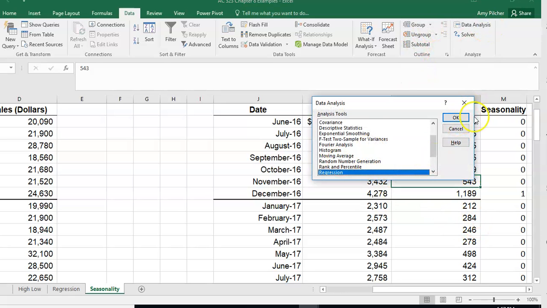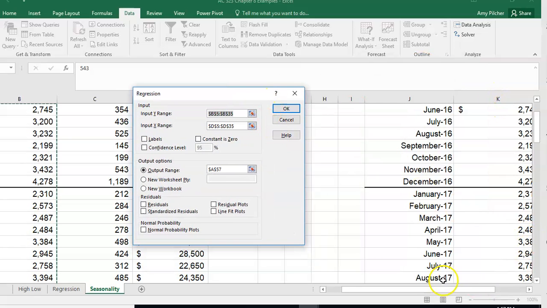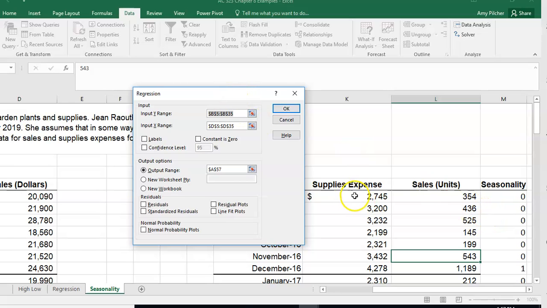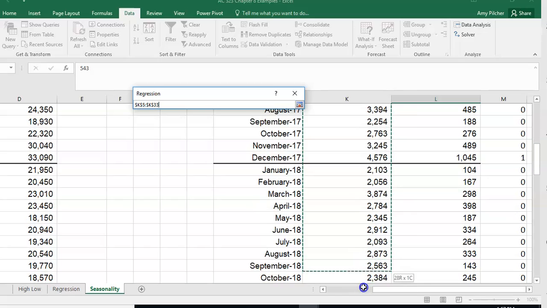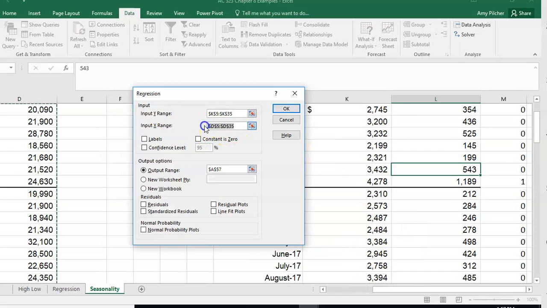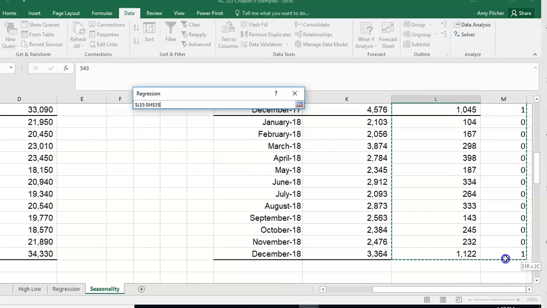Now we're going to rerun our regression analysis. We're going to look at the supplies expense as our Y. And for X input, we're going to run both the sales units and the seasonality together.